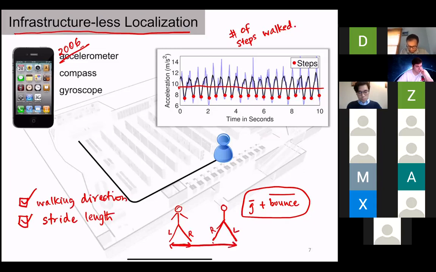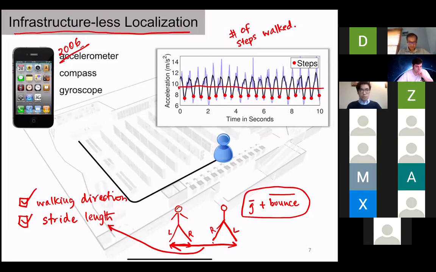This length is my stride length. Make sense? My left foot is back, and then I move it forward. My left foot touches the ground, and then I lift it and touch the ground again. The distance between these two points, where my left foot touched the ground, is my stride length.